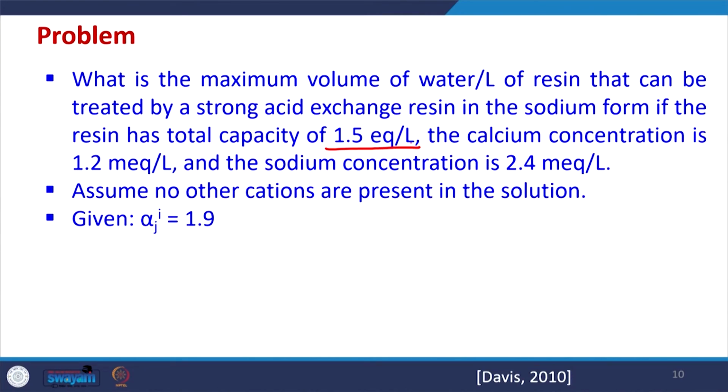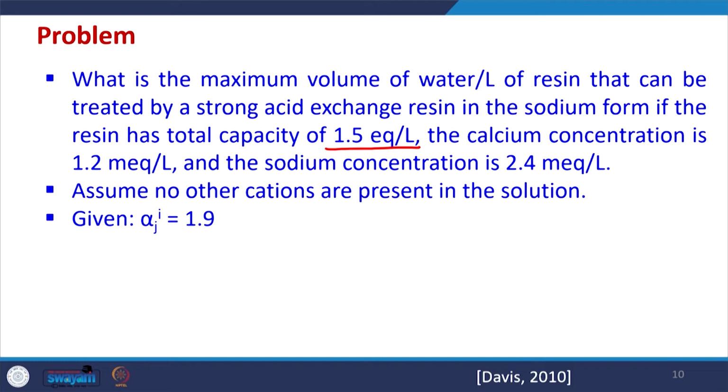The calcium concentration is 1.2 milliequivalent per liter and the sodium concentration is 2.4 milliequivalent per liter. Except for calcium and sodium, no other cation is present, or we assume they have no affinity towards the ion exchange resin.